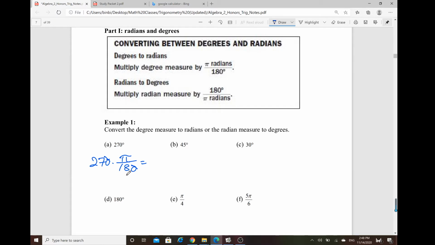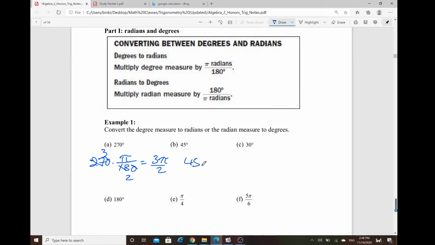If you're not quite sure about the big number, you can always start with 3, because both numbers are divisible by 3. 1 plus 8 is 9, which is a multiple of 3, and 2 plus 7 is 9, also a multiple of 3. But instead of dividing by 3, since we know both are divisible by 9, divide by 9. So 2, and here's 3. So 3 pi over 2.